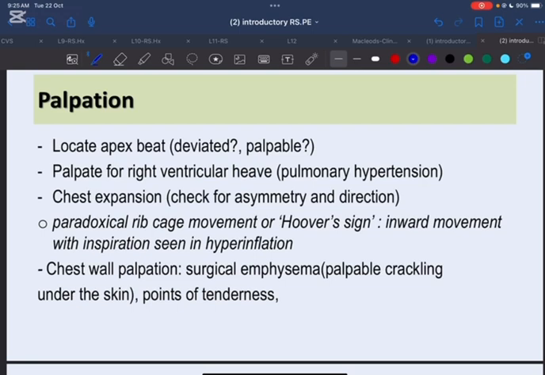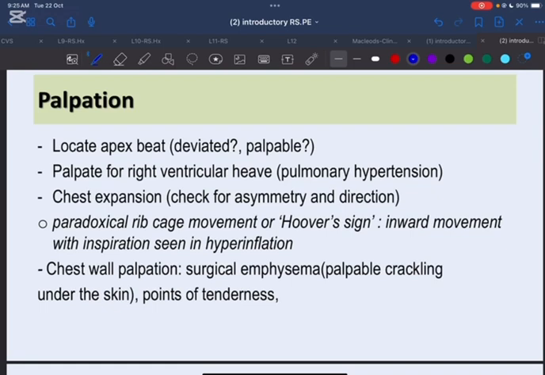The tips of the thumbs must be in the air, and you ask the patient to breathe. You take a good skin fold. The expansion should normally be at least what? Centimeters or 2 inches. That's true. Good. And you comment on the symmetry and the direction, whether it's symmetrical or not. If the expansion is reduced on the right, what do you think, for example, or the left, whatever?